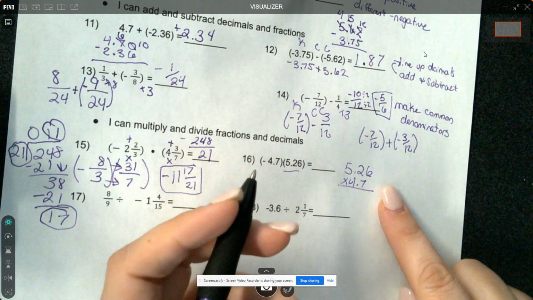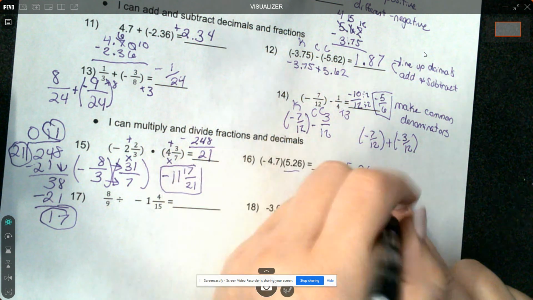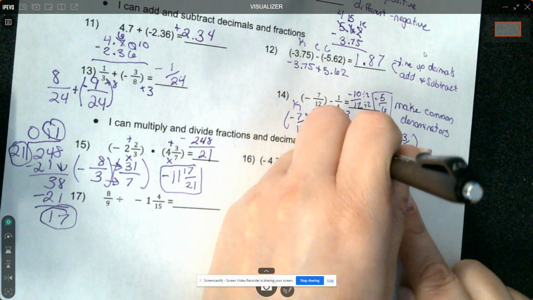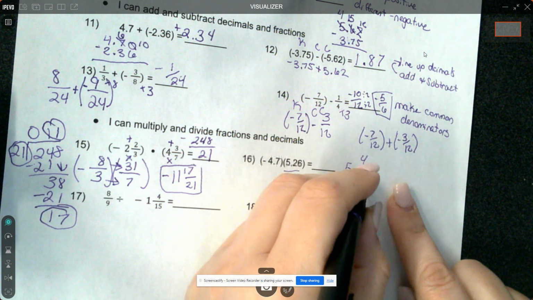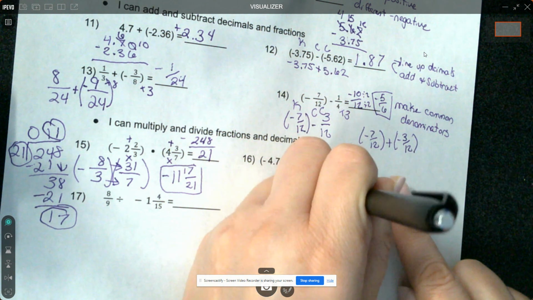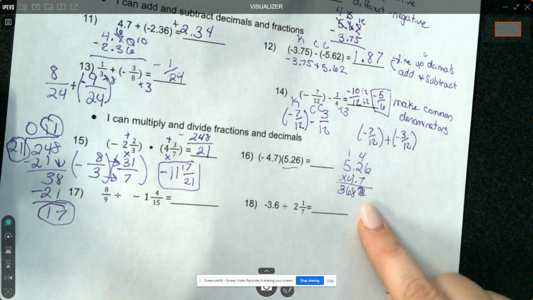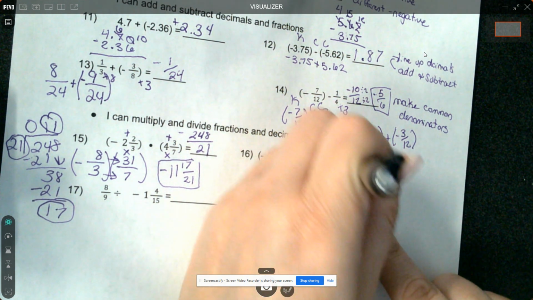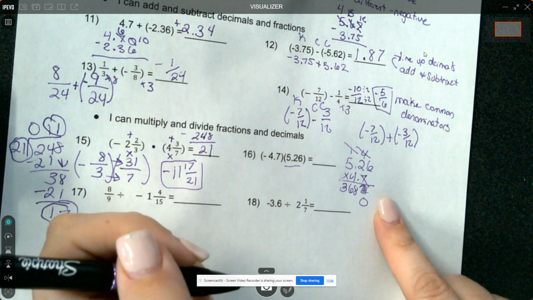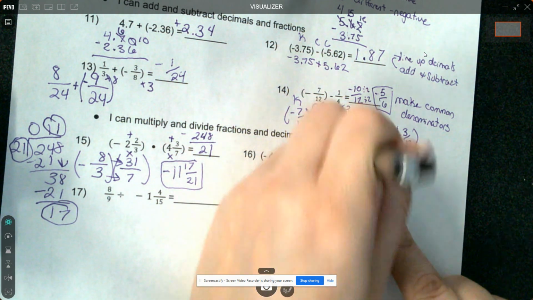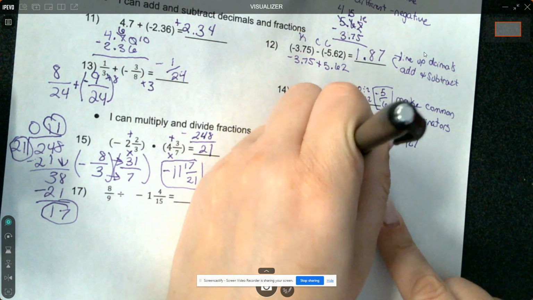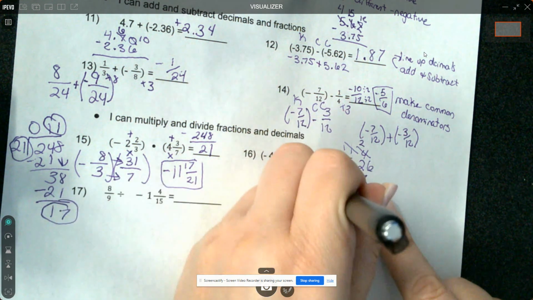7 times 6 is what? Nope, 2 goes on the bottom. 4 goes on top. 14, 15, 16, 18, 35, and 36. Now, after you're done with the 7, add your 0. 4 times 6 is 24. 8, 10, and then 21.